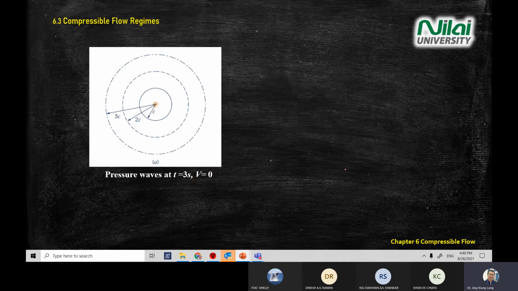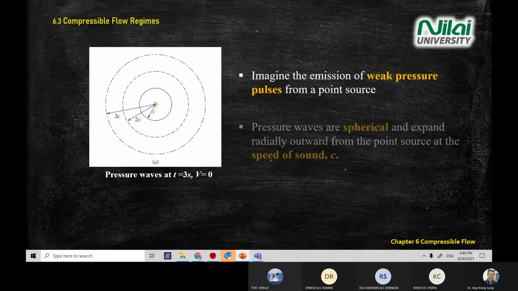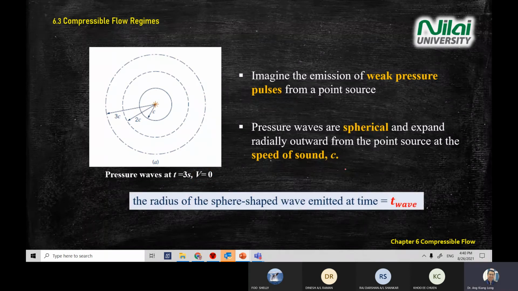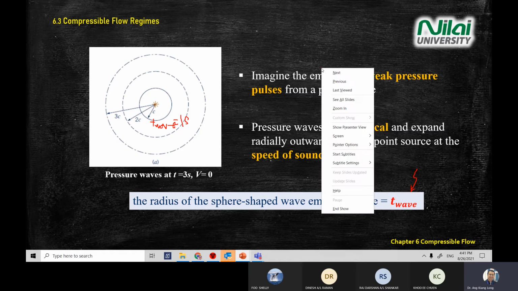Next, I'm going to show you something new. Some new notation: if you see T wave, it means the time denoted by the wave. T wave at the first circle equals 1 second, at the second circle is 2 seconds, at the third circle is 3 seconds.